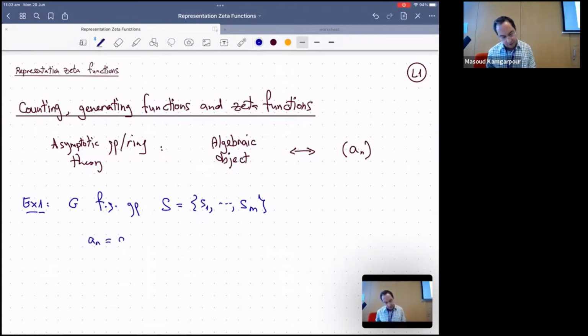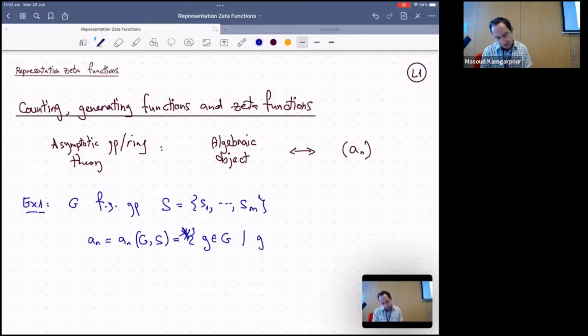A_n, depending on G and on S, will be, for every element g in G, we count the number of elements that can be written with at most n generators.